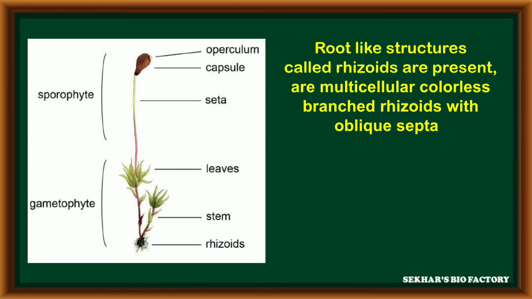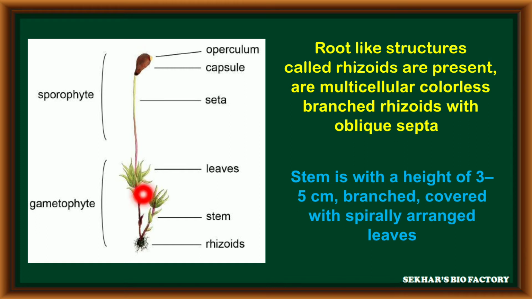In the structure of its gametophytic plant body, it contains root-like structures called rhizoids. These are present at the base of the stem-like structure. They are multicellular, colorless and branched, with oblique septa or cross walls in their cells.